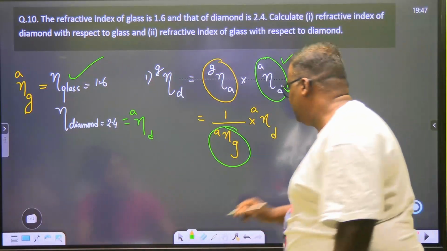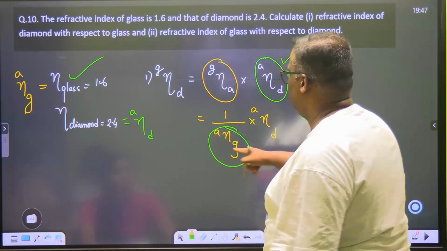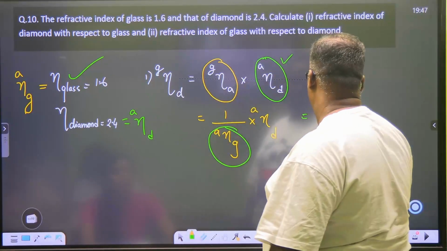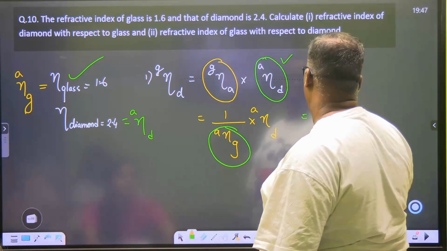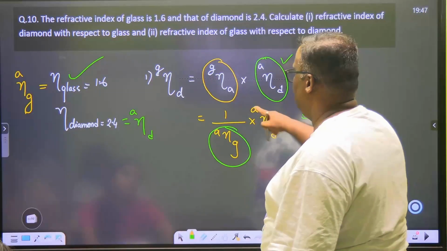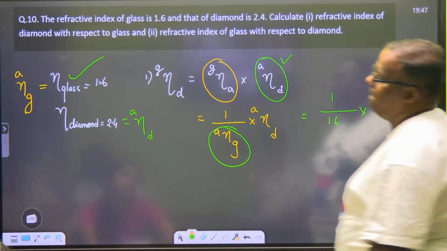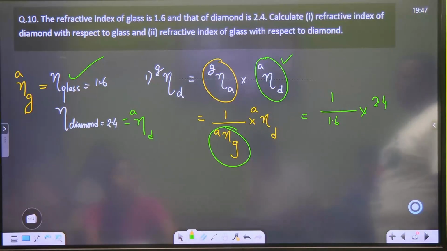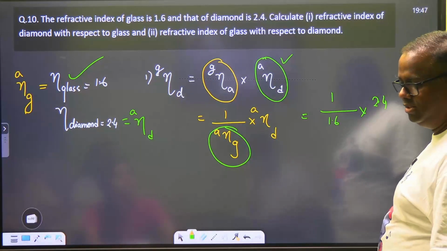So what is the final answer? The final answer would be 1 upon, what is G with respect to A? 1.6. 1 upon 1.6 multiplied by A with respect to D, 2.4. Is this ratio coming more than 1?